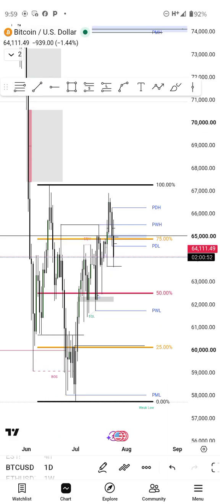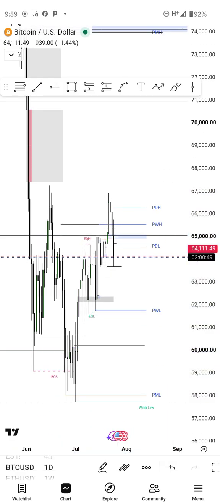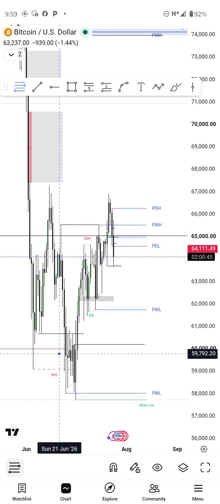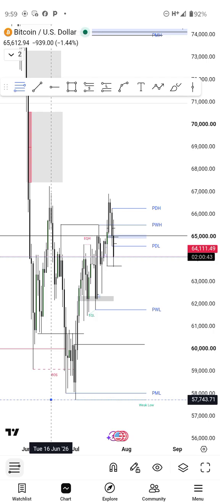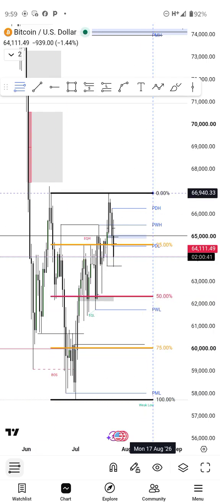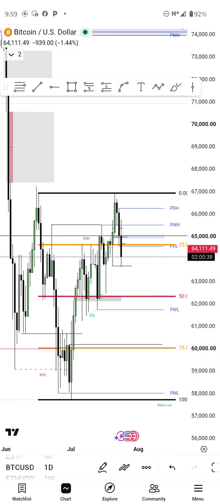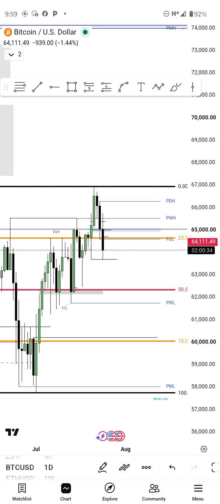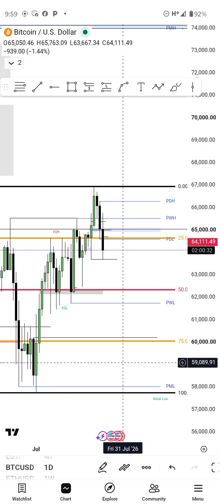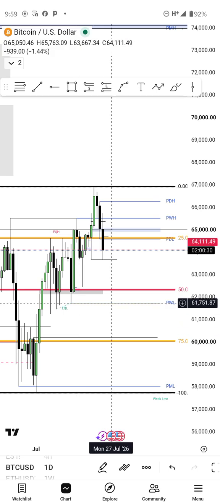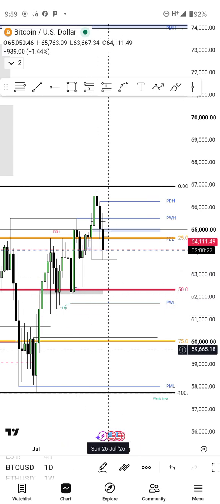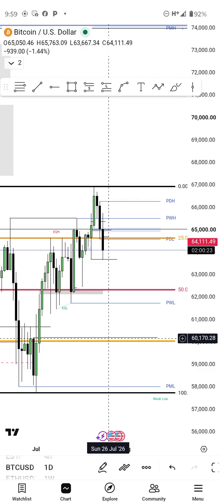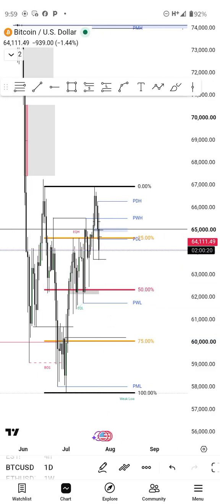And in the analysis I did, I found out that we'll be having BTC sweeping all these lows to the 75% of the range of this range, right, before reversing to the monthly premium level for us to sell.